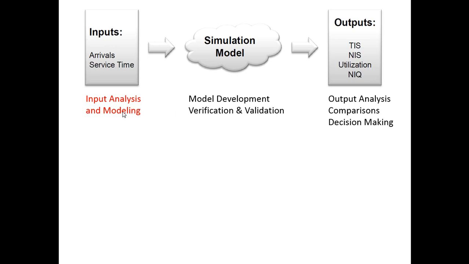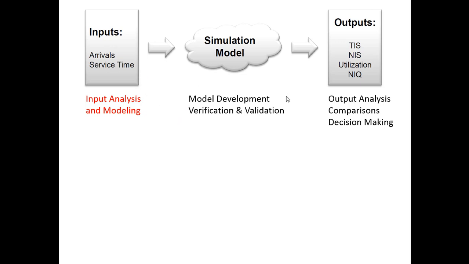And here you can see the main steps of a simulation project. We have input analysis and modeling, where we try to collect data from the real system, analyze them, and come up with models, in most cases probability distributions, so that we can generate similar patterns in our computerized model.